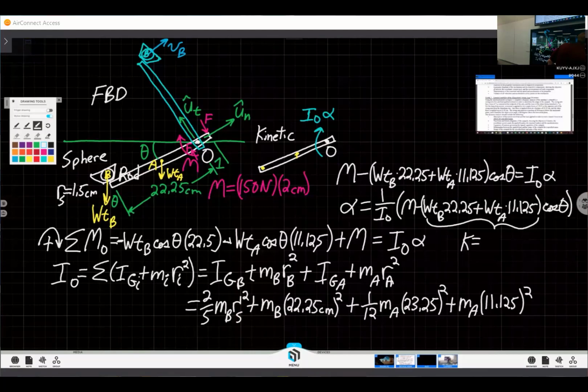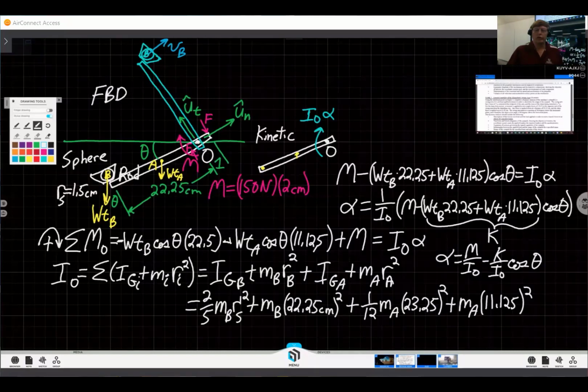Now I'll just call it K. All I'm doing is trying to simplify my notation here. I'm going to call that expression K. Again, alpha is equal to your applied moment over IO, minus this K over IO cosine theta. Okay?